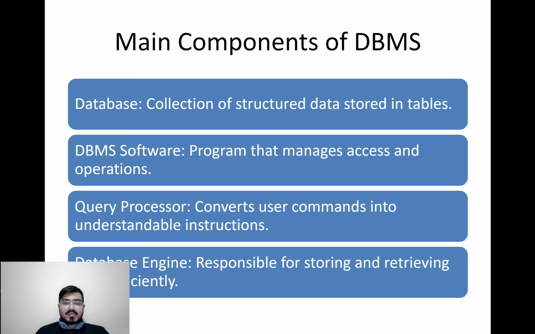Third is the query processor. It understands user commands and converts them into instructions the system can execute. Fourth is the database engine. It stores, retrieves, and updates data efficiently. All these components work together to make data management smooth and organized.